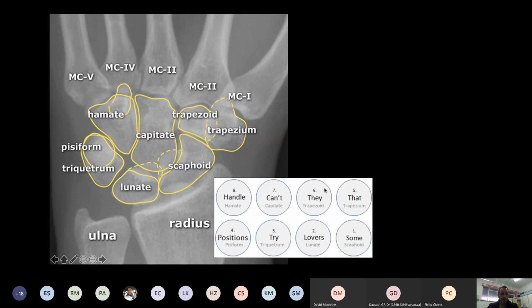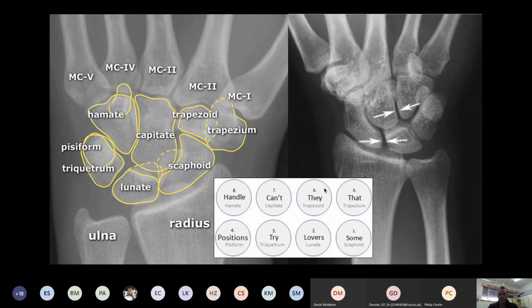So it's nice to have a mnemonic to remember, so that you can identify which bone you're looking at. Just in general, carpal bones should be less than 2 millimeters apart. If it's 2 millimeters or more, worry about a ligamentous disruption or a fracture. So normal carpal spaces should be less than 2 millimeters.